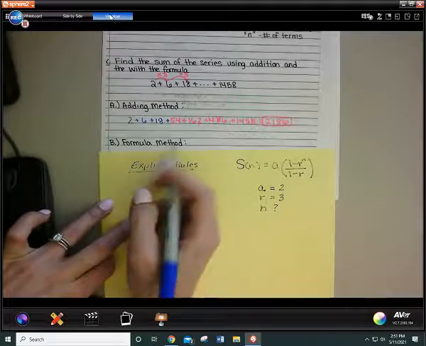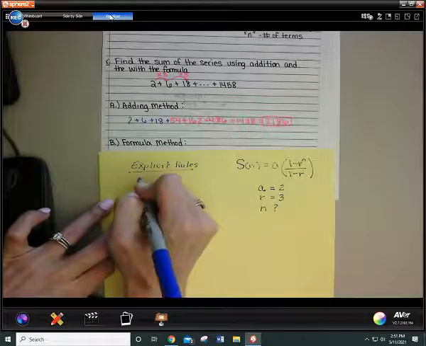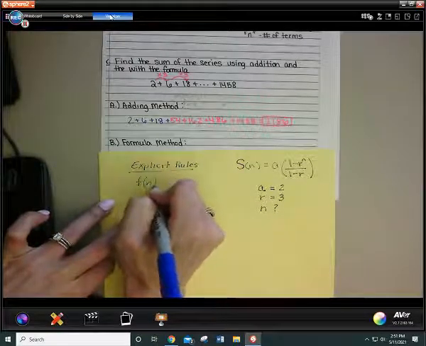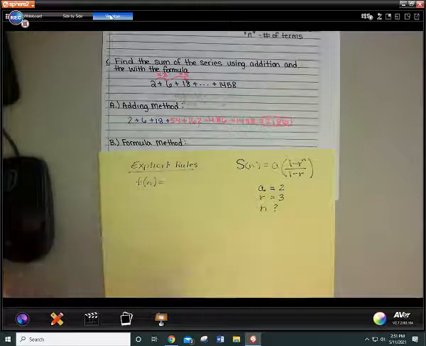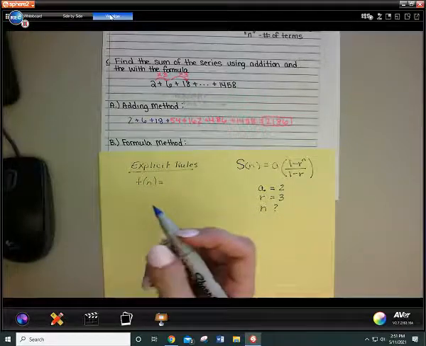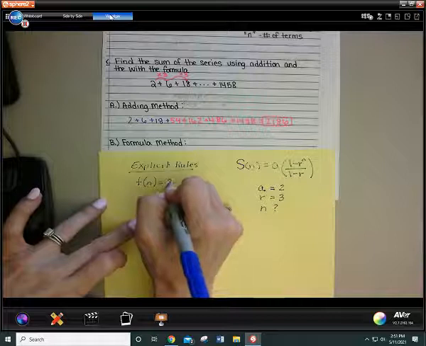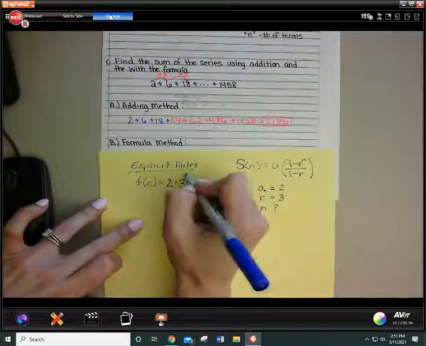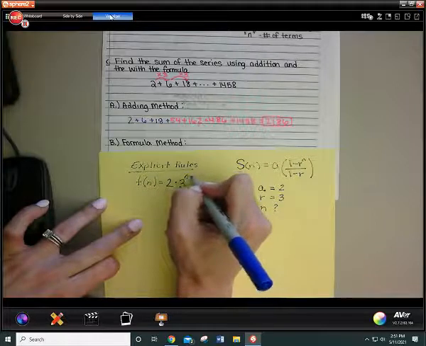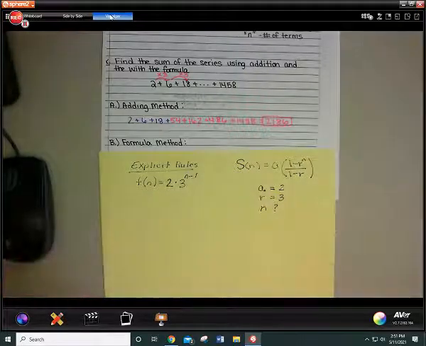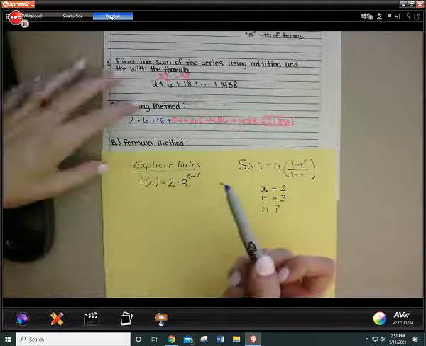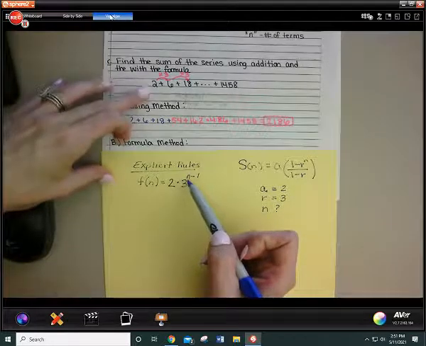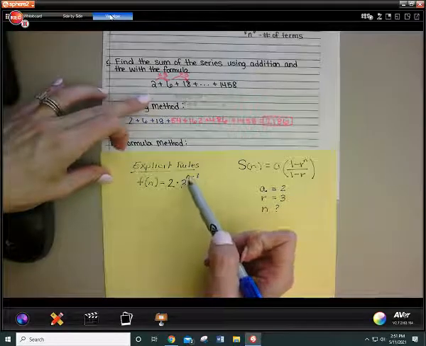All right, so I'm going to say f of n equals, and our first term is 2, times 3 to the n minus 1. Now, if you're wondering how am I sure that that is n minus 1 and not just n?